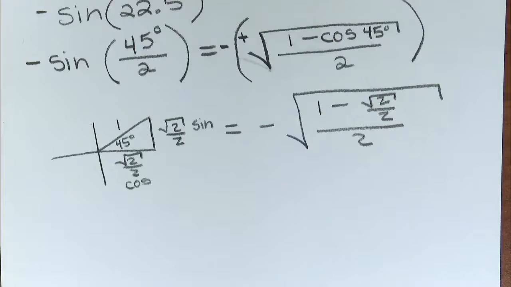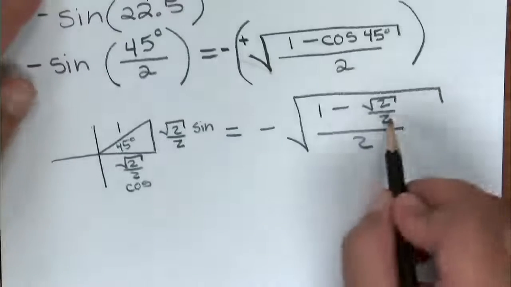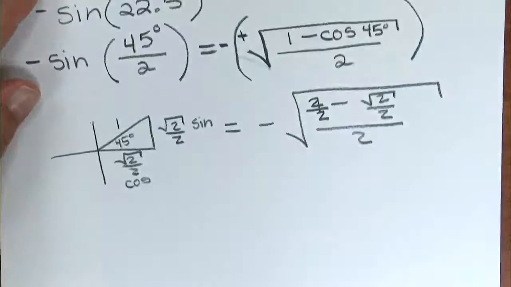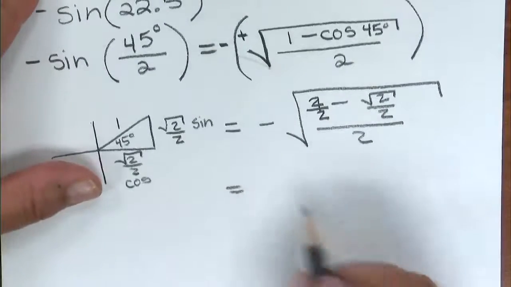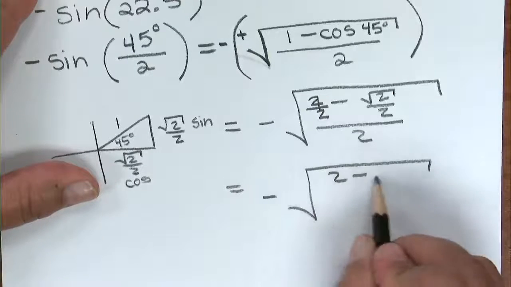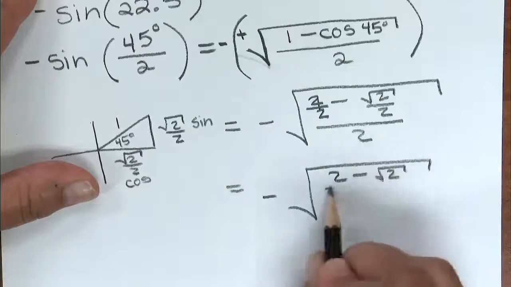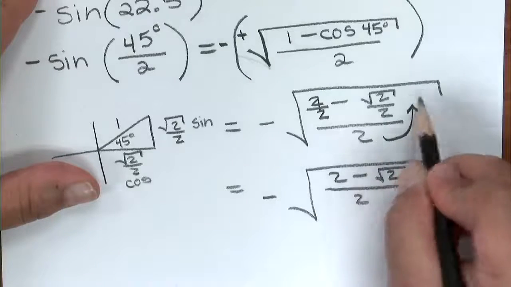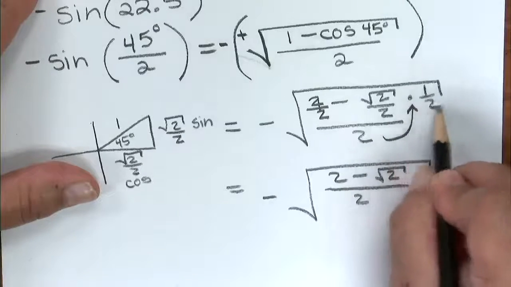We're going to go through that part. Okay, so if this is a 2, I want this to be something over 2. If I pull those together, what's inside the radical would be 2 minus the square root of 2 over 2. Take this, float it up here, and flip it over.